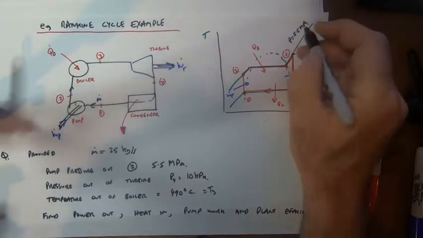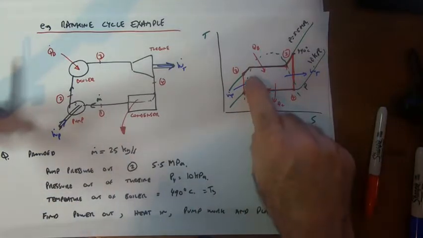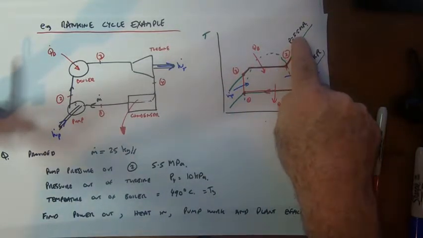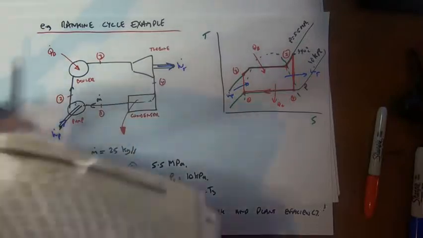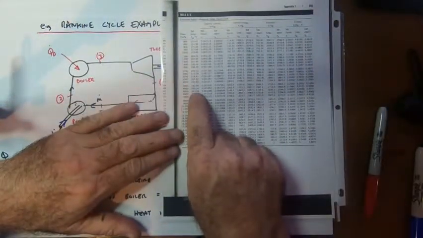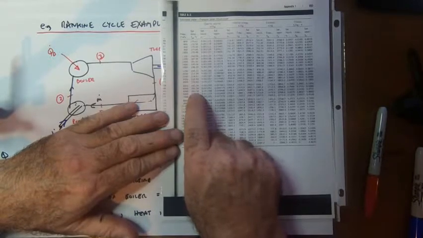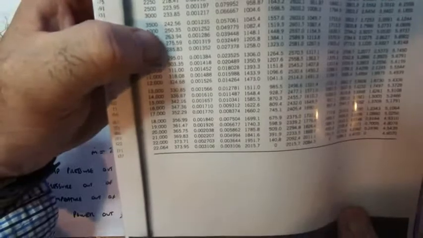And I know this is superheated because if I look at my saturated tables, table A4, and look at the 5.5 megapascal line, the saturation temperature is somewhere between 263 and 275.